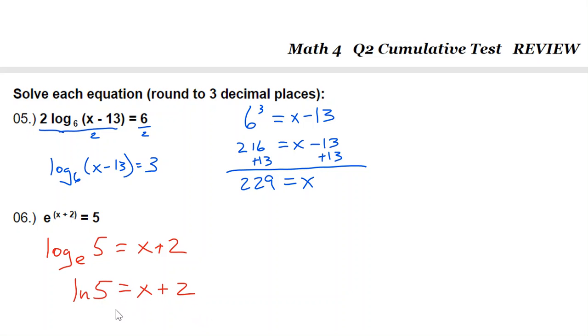Now, we can subtract the 2 over to the other side, and we would have natural log of 5 minus 2 equals x, and then we go to the calculator. If we round this to 3 decimal places, we get negative 0.391. It's 3905, and the 5 bounces the 0 up to a 1. So that is what our equation will look like.